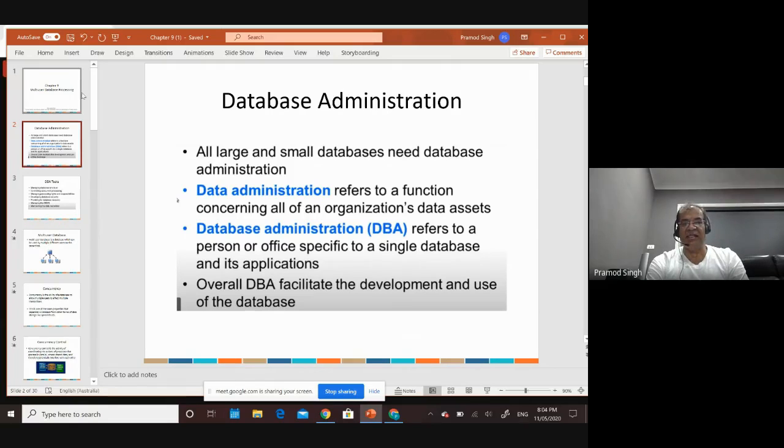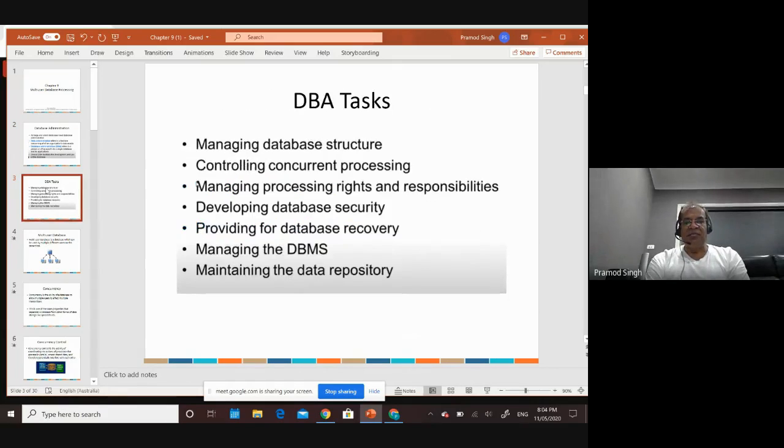A number of applications can be developed in the organization, and all the applications can access the database, and that facilitation is the activity of the DBA. The DBA carries a number of roles and responsibilities, a number of tasks performed on a day-to-day basis, but some of the tasks are quite critical and important, and some of them are listed here.